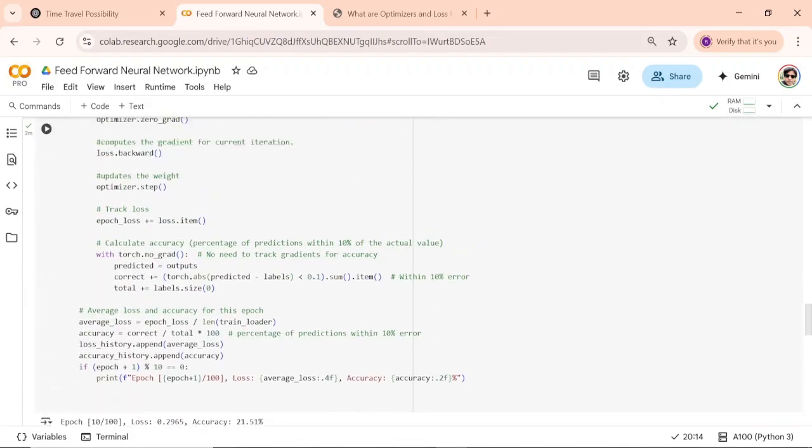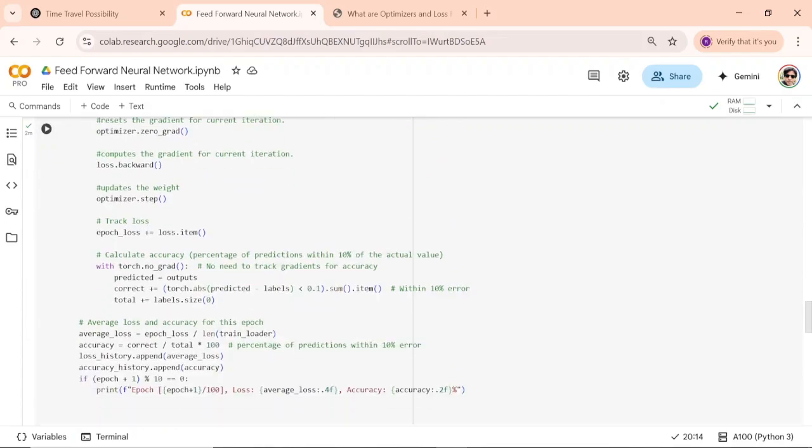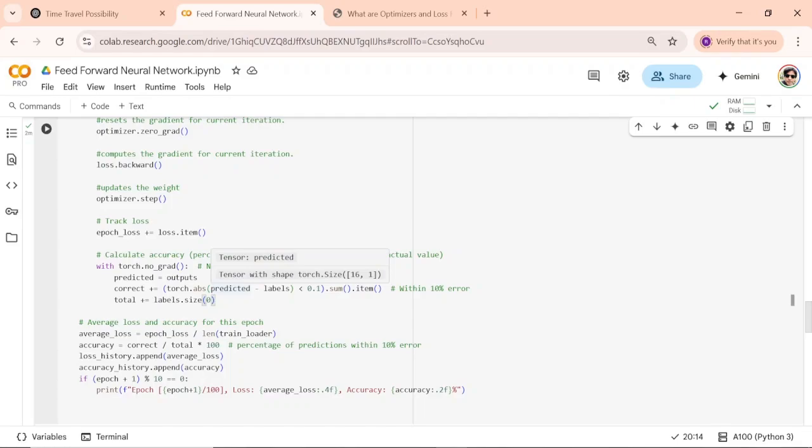So this is about calculating the error, how I'm predicting it. I'm not expecting the actual value and the predicted value to be exactly the same.